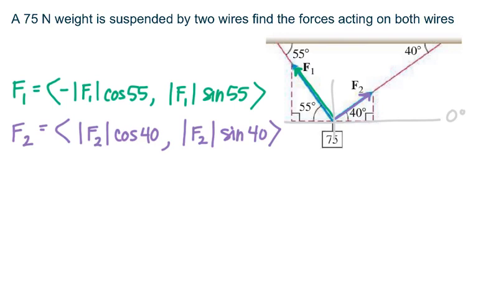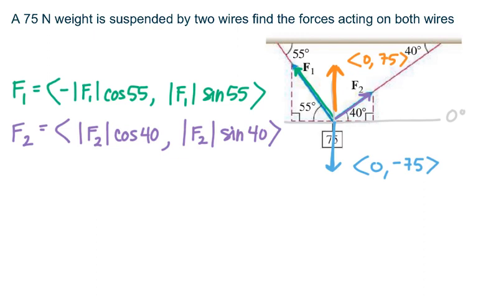If we think about the vector, or how we would represent the vector of this weight coming down, we have 0 horizontal movement and negative 75 for my vertical movement. In order for this system to be in balance, I know that the sum of my two forces acting up must be 0, positive 75.